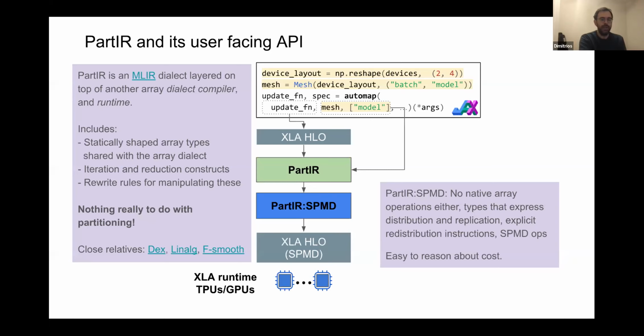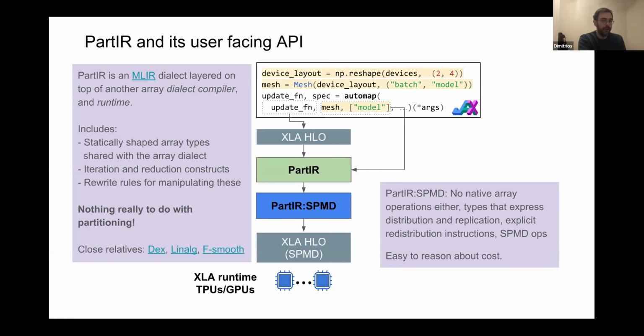There are some close relatives to the concepts of iteration loops that we're going to see here: Dex or Linalg, which is another MLIR dialect, or F-smooth, which experiment with similar ideas. Now, this is what PartIR is. PartIR SPMD is a language, as I said, that does not have any of these iteration constructs.